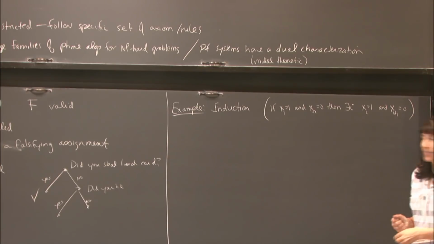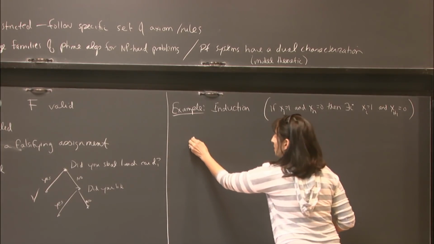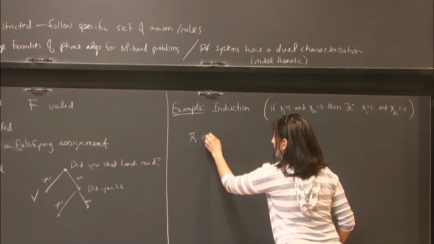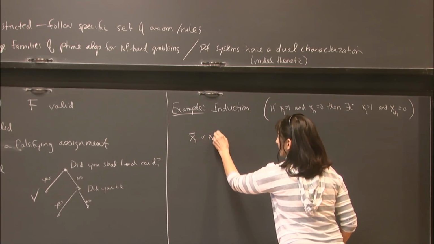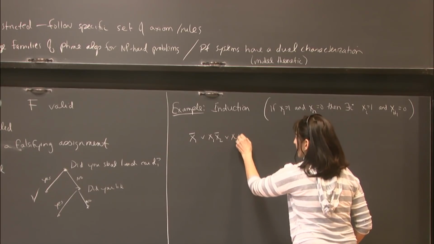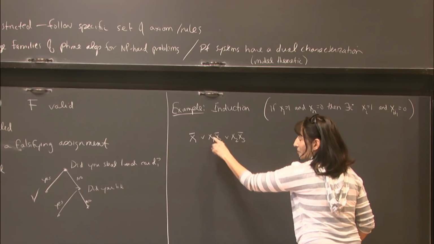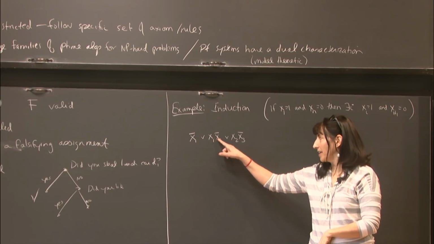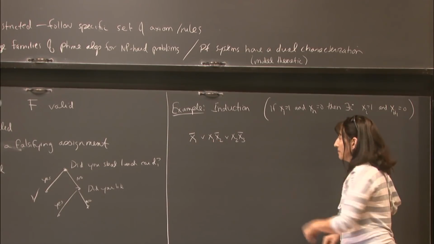To say that with a DNF formula, we'll say either x1 is 0, or x1 is 1 and x2 is 0, or x2 is 1 and x3 is 0. When I just write them like that, it's an and. This is like x1 and the negation of x2.